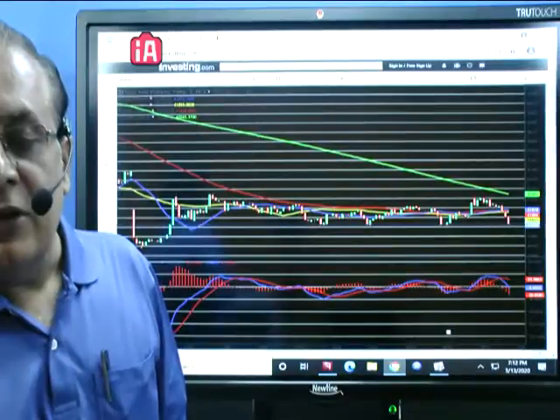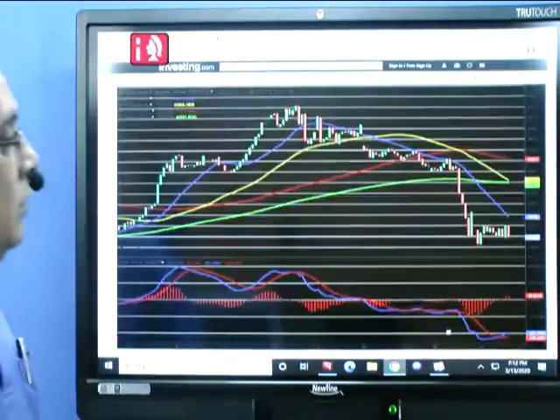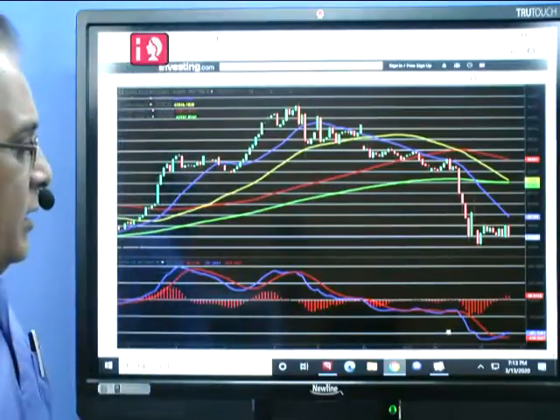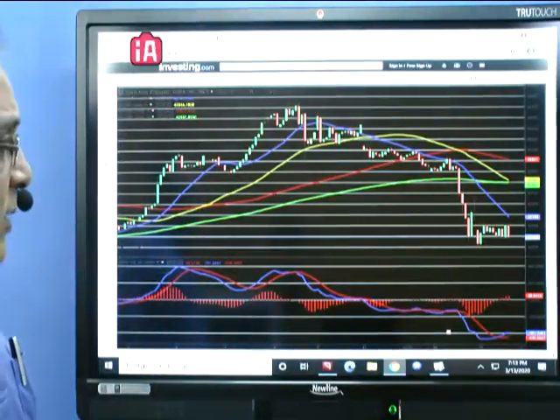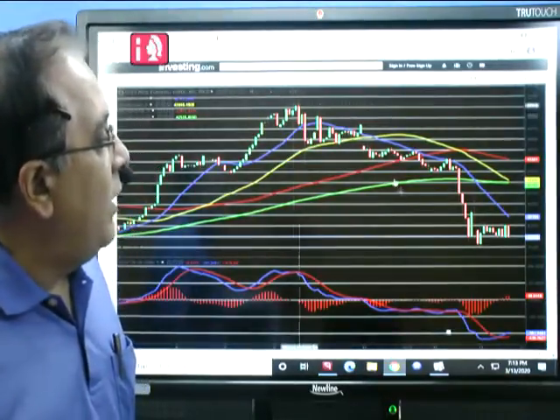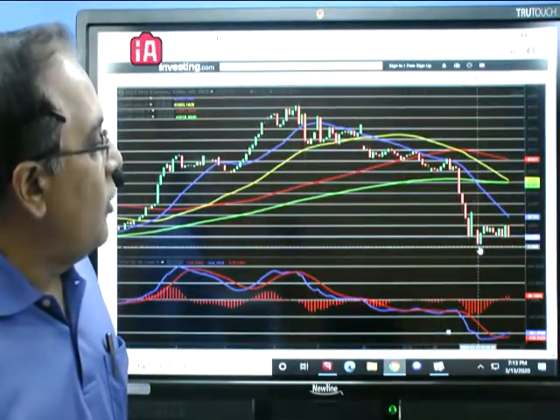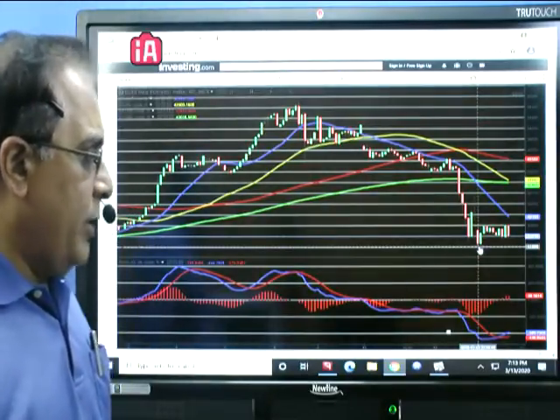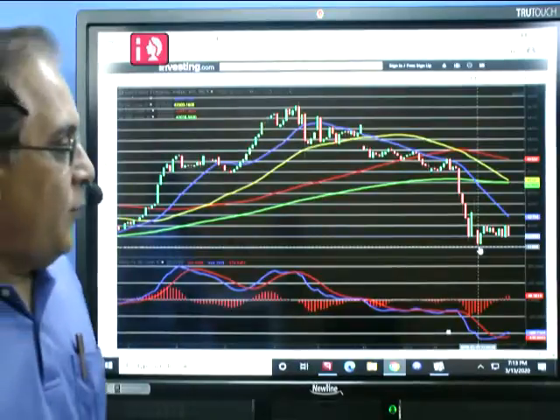Now let's look at the hourly chart here. The hourly chart is below all the moving averages. It has never even tried much today to go above the 20 moving average there. So today the low has been 41,477. So that is one important area of support today.